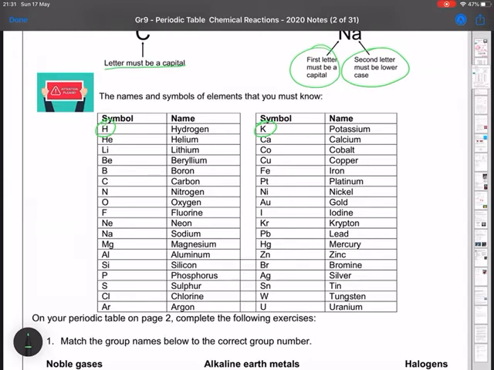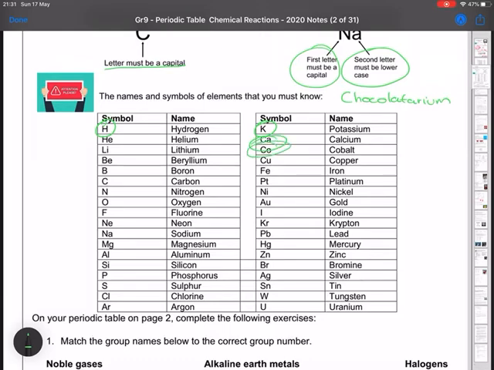Also, if we ask you to name a newly discovered element, you cannot give it a name of something that's already on the periodic table. So if I decide that there's an element called chocolaterium, and I said give it a symbol, you cannot use Ca for calcium because that's already on the periodic table.